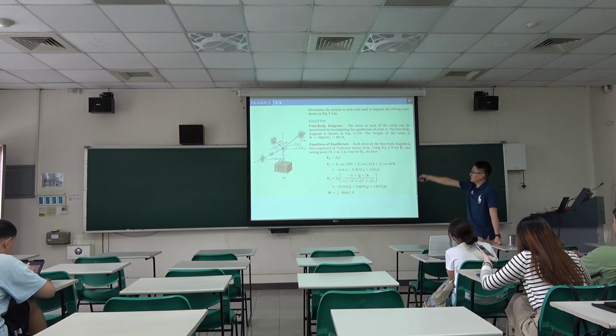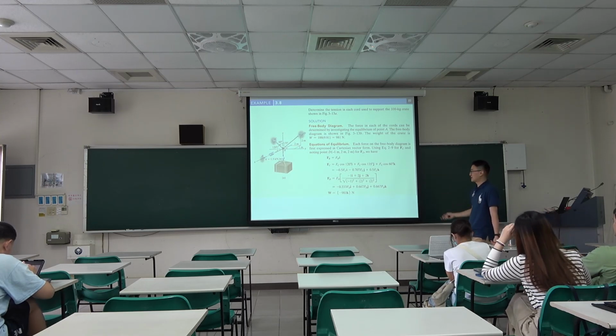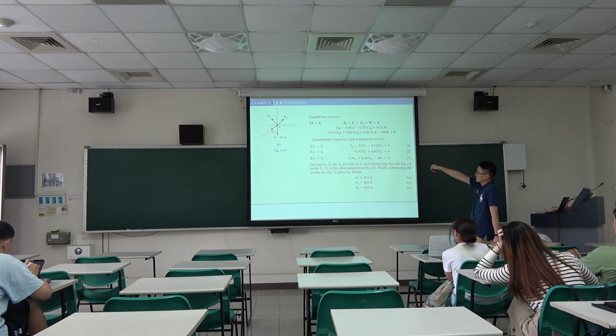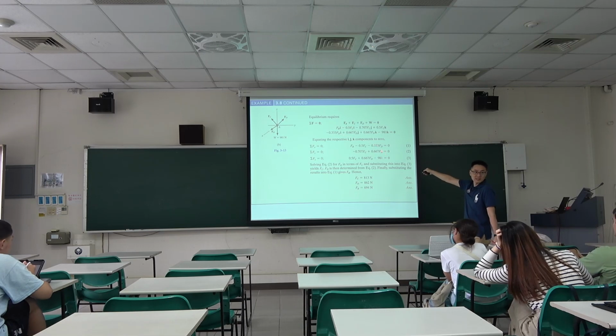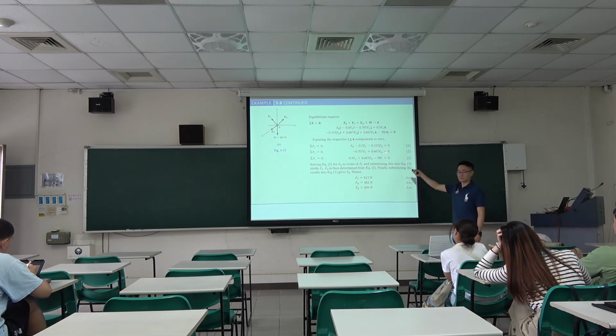The summation of them should be equal to 0, and we have three different directions, x, y, z, individually. So each equation should be equal to 0.